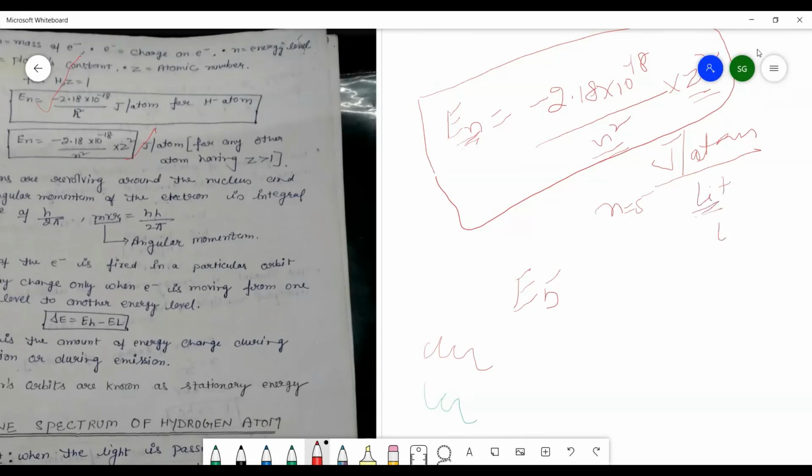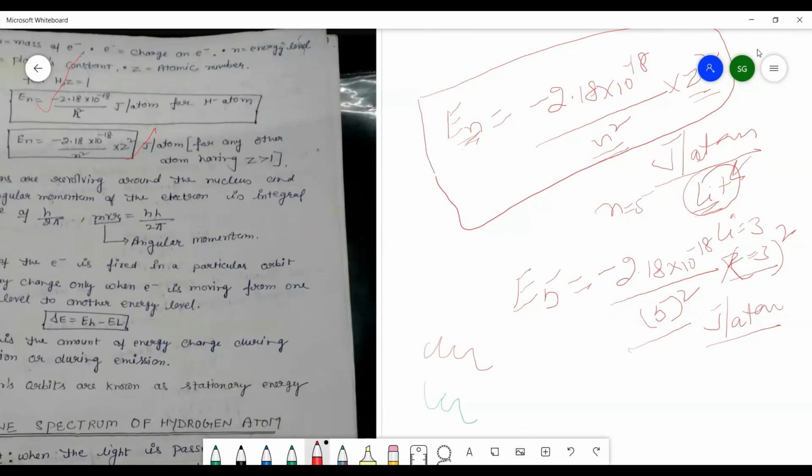You know well that Li has atomic number 3, so Li⁺ also has Z = 3, because the value of Z does not depend on the positive or negative charge. So we substitute: -2.18 × 10^-18 divided by n², which is 5², times Z², which is 3². In that manner we can calculate the energy of any shell and the energy of the electron present in that shell.